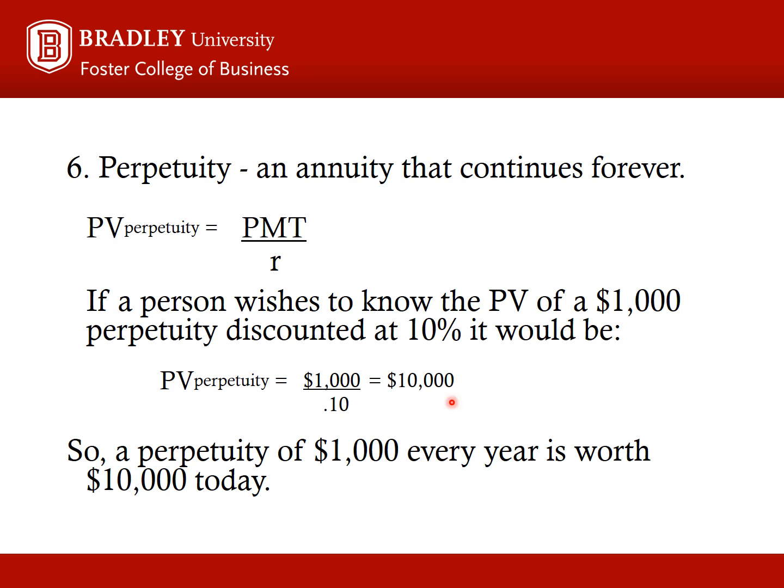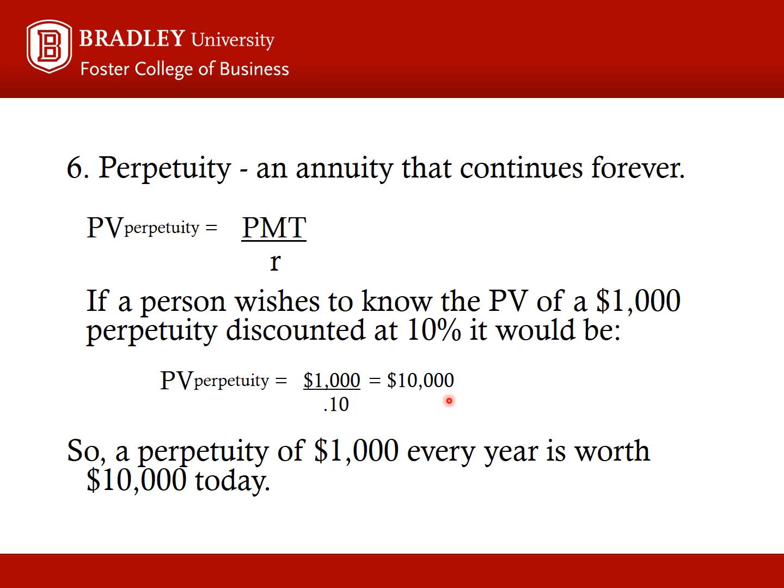But if we follow the assumptions given in the problem, if you take the perpetuity payment and divide by the interest rate, we get the $10,000. So think about it. If you take that $10,000 that I give you today and put that back into your account that earns 10% interest, how much can you withdraw in interest every year forever without ever touching that principal?